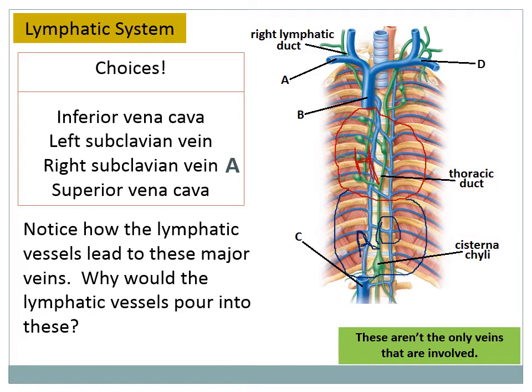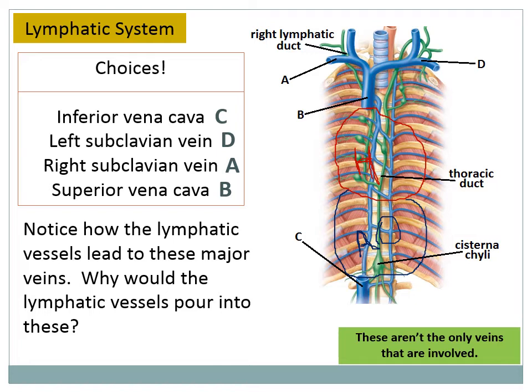Because of that, we know that B is going to be our superior vena cava. What is C? Yeah, C is inferior, so it's actually going to be our inferior vena cava, which leaves our left subclavian vein for D. So that's where we're at. Hopefully you remember that from last unit.